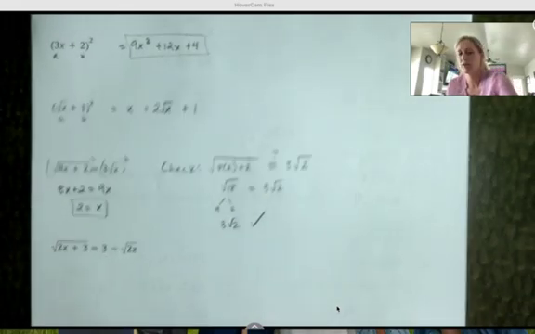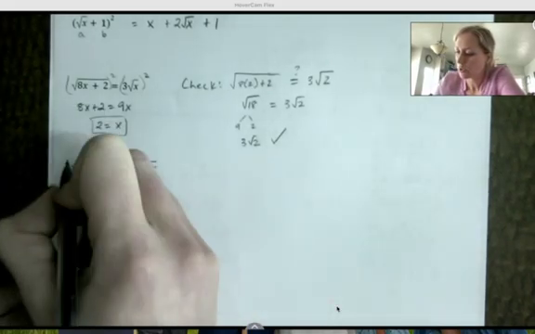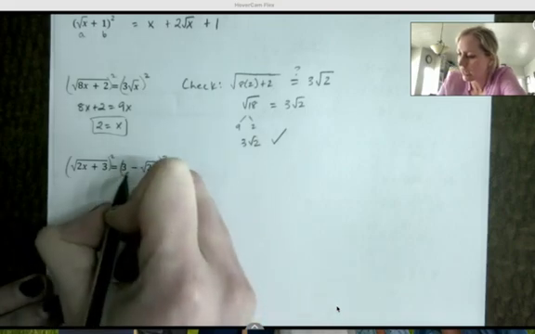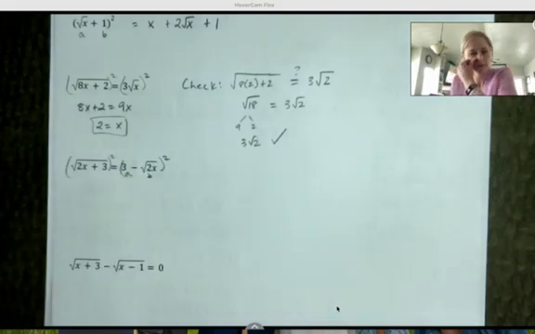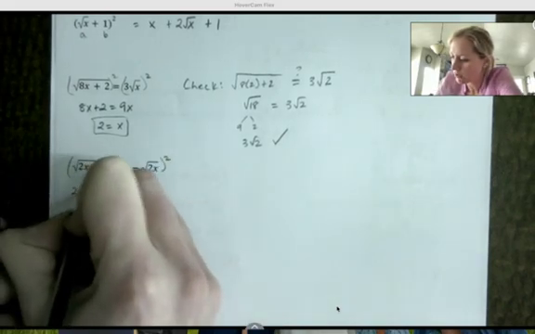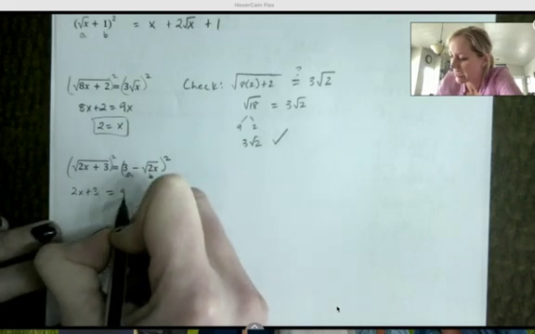So now, bringing in what we reviewed up above, I need to square both sides here as well. So this is the a and the b from up above. So I'm going to get 2x plus 3. The square root goes away there. Here, 3 squared is 9.